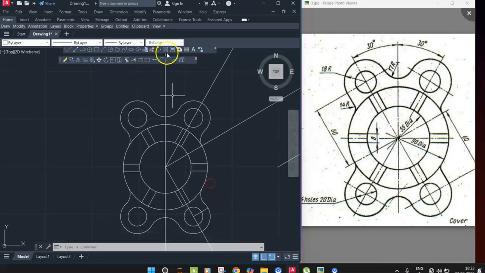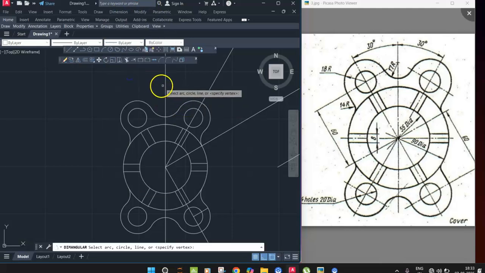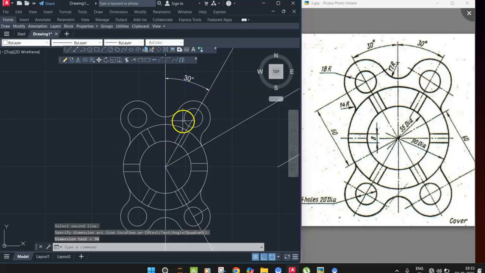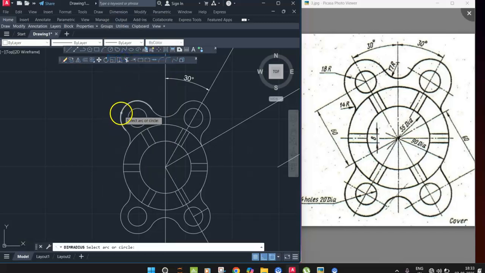Now what is important is dimensioning. Dimension, angular dimension. With respect to this line, what is the angle? 30. And what is the radius of that outer circle? 18.